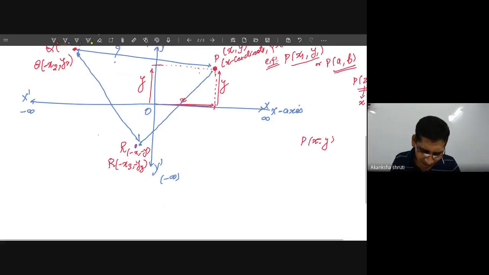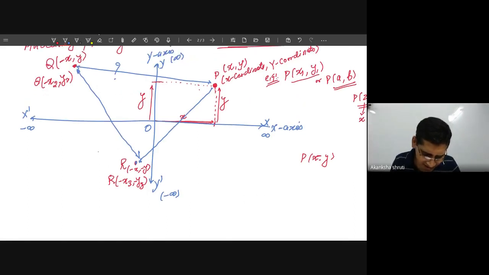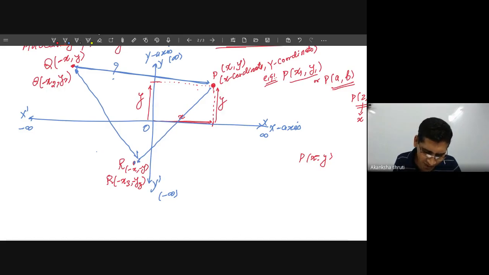Say, if you are considering the y-axis here, then the y-axis is dividing the line segment between P and Q. So how much length is in the positive quadrant, I mean in the first quadrant, and how much length is in the second quadrant? So what is their ratio? That is our sectional formula.